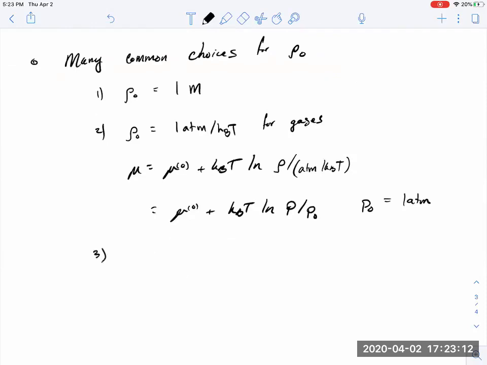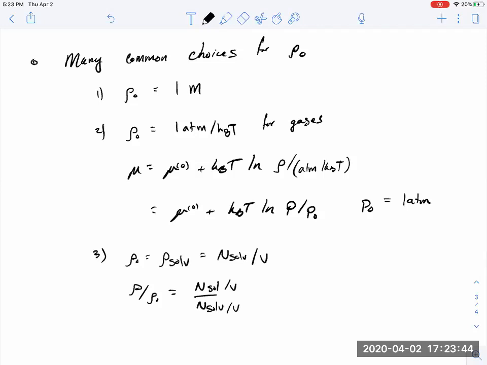Another common choice is to say that rho naught is the density of the solvent, which is just the number of solvent molecules over the total volume. In such a case, rho over rho naught is equal to the number of solutes over the number of solvents, each over V, but the factors of V will cancel.